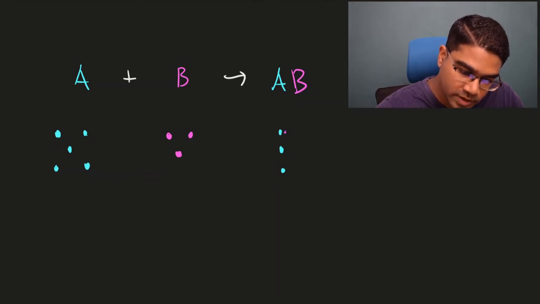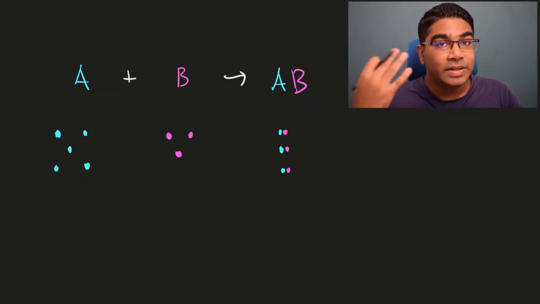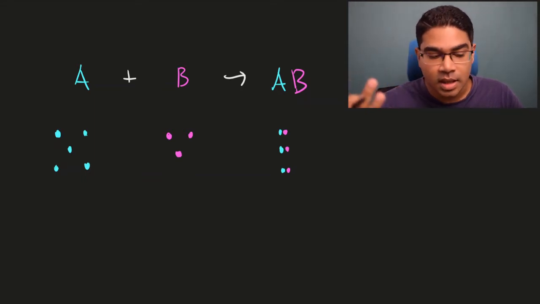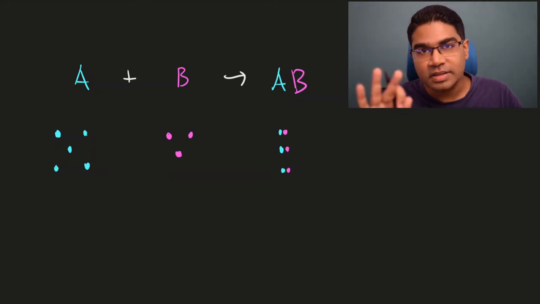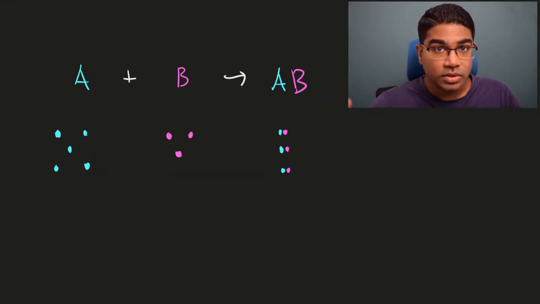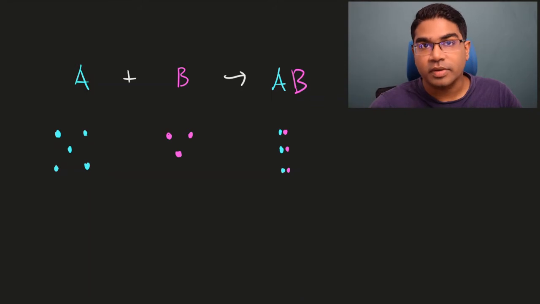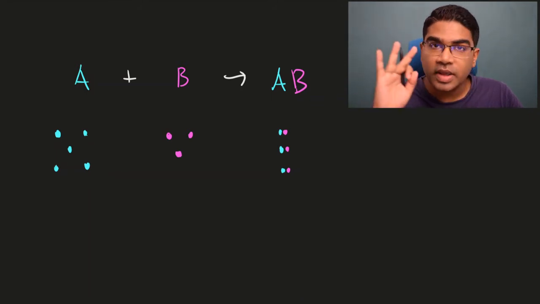Only 3 products can be formed because only 3 particles of B exist. Although there are 5 particles of A, only 3 particles of B exist, and therefore the most amount of product that we can form is 3 particles of AB.